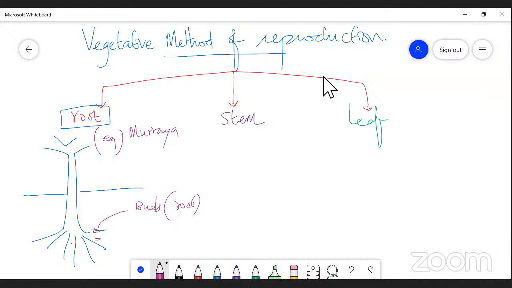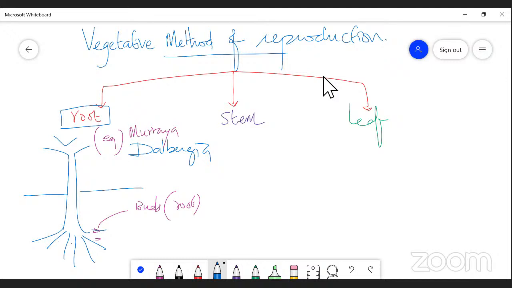One more example is Dalbergia latifolia. From its root system arises a bud-like structure that develops into a new plant. That is observed in the case of Dalbergia.